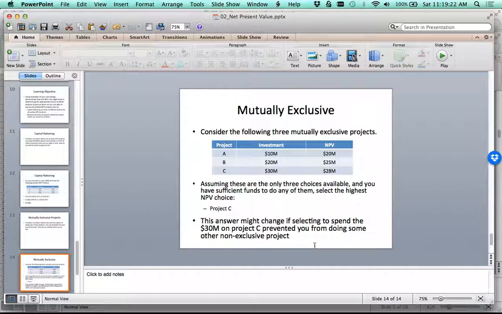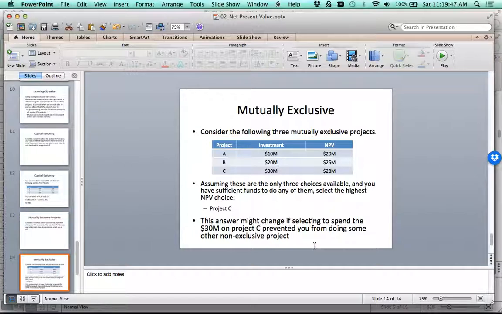So let's just say that if we did project B at 20 million and it raises 25 million in NPV, and that freed us up $10 million to do some other project that's not mutually exclusive, and that project added more than $3 million in value, then clearly project B plus whatever that $10 million project would be better than doing C.